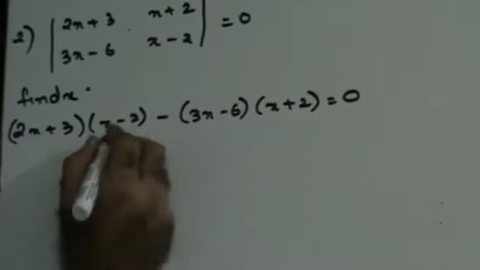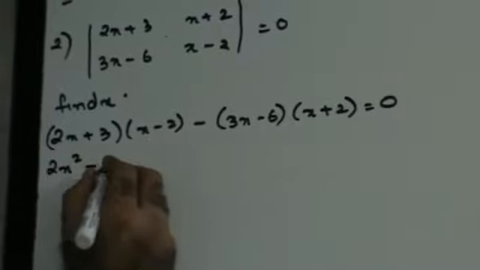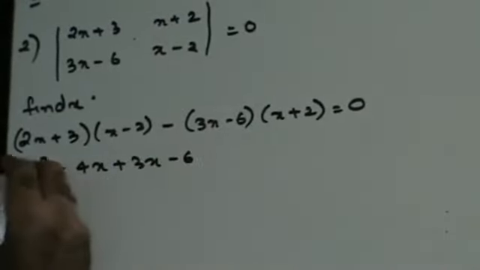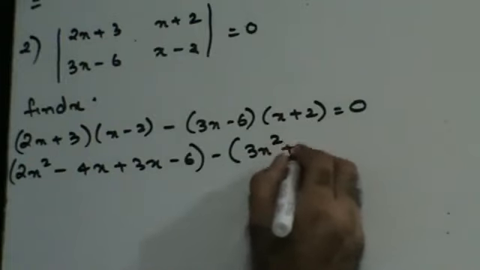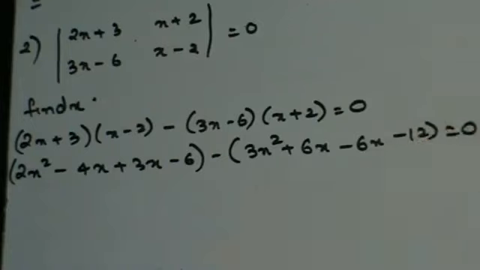Open the bracket, that means x has to be multiplied with the whole thing. So this will be x squared minus 2x plus 3x minus 6, minus. Now multiply 3x with the second bracket. So this will be 3x squared plus 6x minus 6x minus 12 is 0.